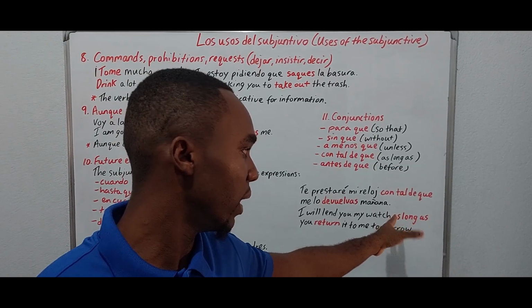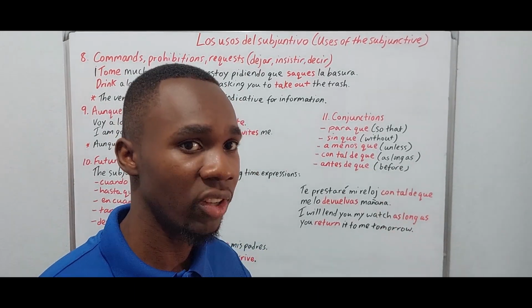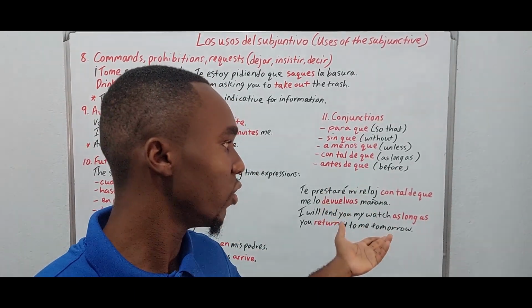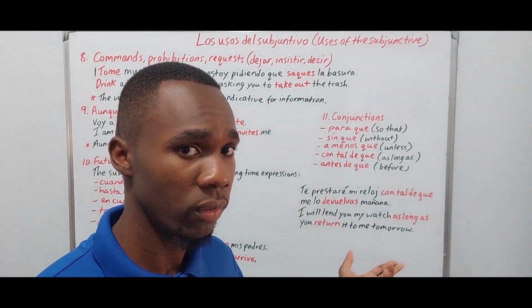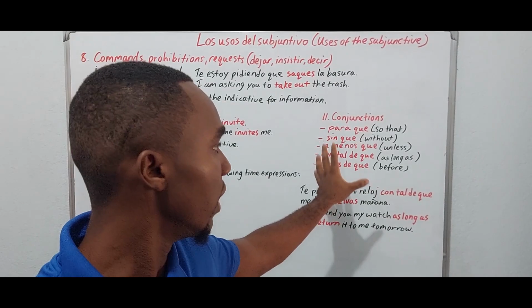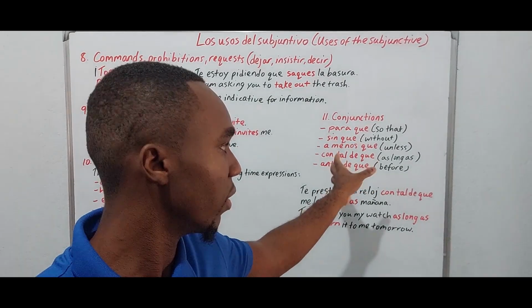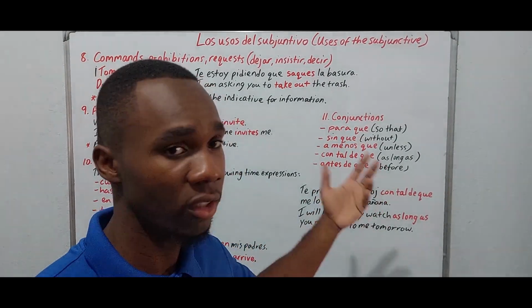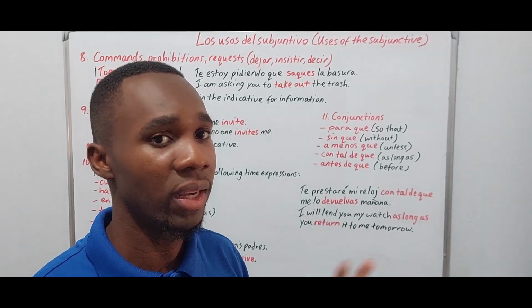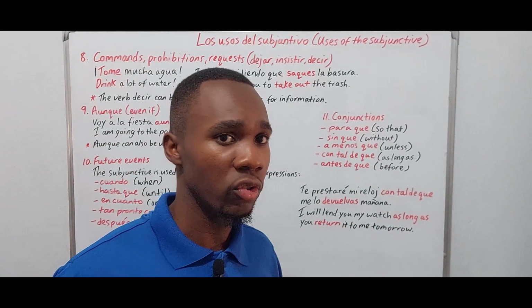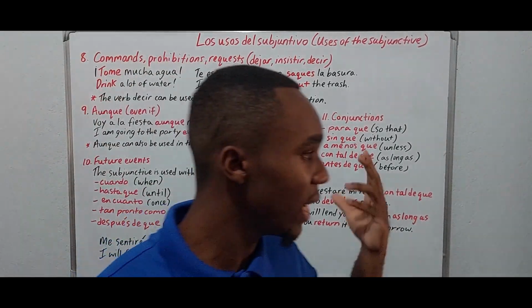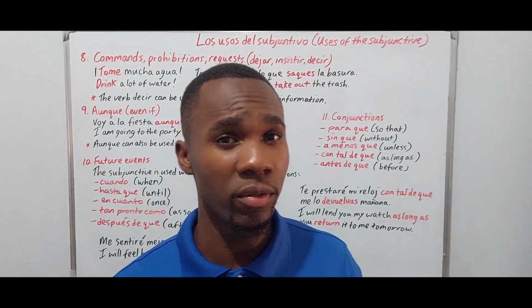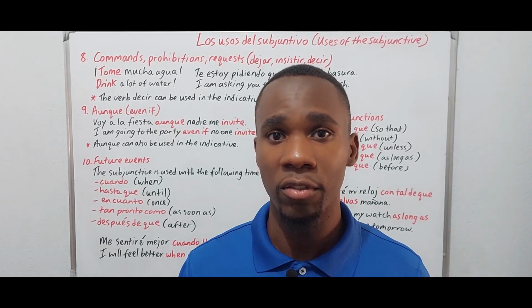And in that place, I could use mientras, a condición de que, or siempre y cuando. So all of these require the subjunctive, and as you would notice, the subject changes. That's a fundamental rule when it comes to the subjunctive. Okay? So these are 11 contexts in which the subjunctive is mandatory.